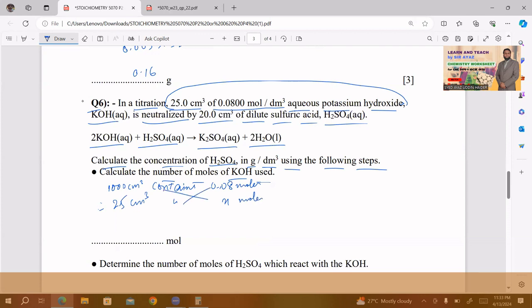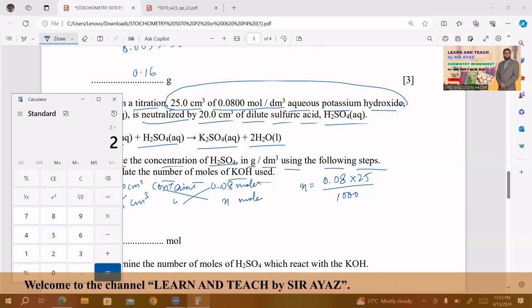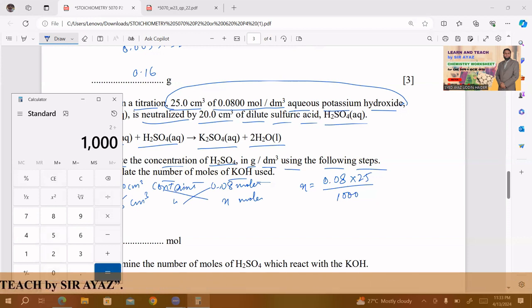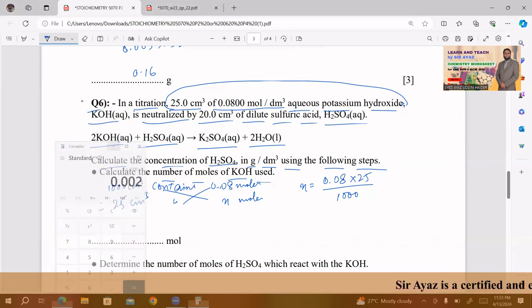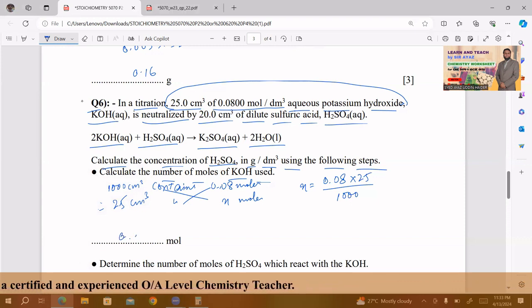Do the cross, and you will get X is equal to 0.08 multiplied by 25 and divided by 1000, which is 0.002 moles.